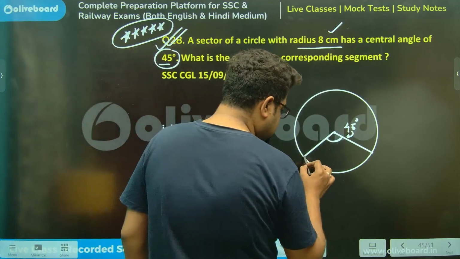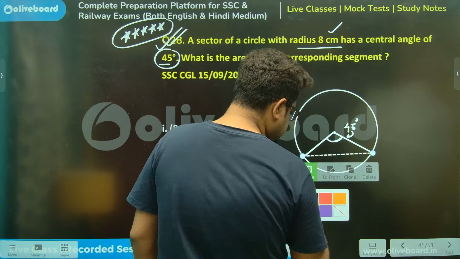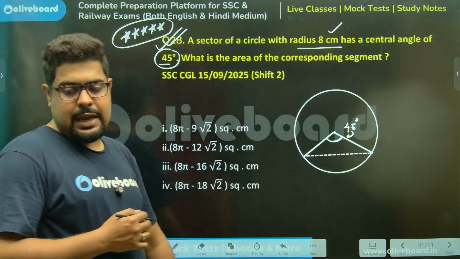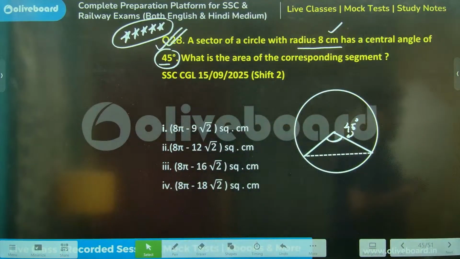So what I'll do first, I'll just close this space. Area of the segment they are asking. Now, how can we solve this?